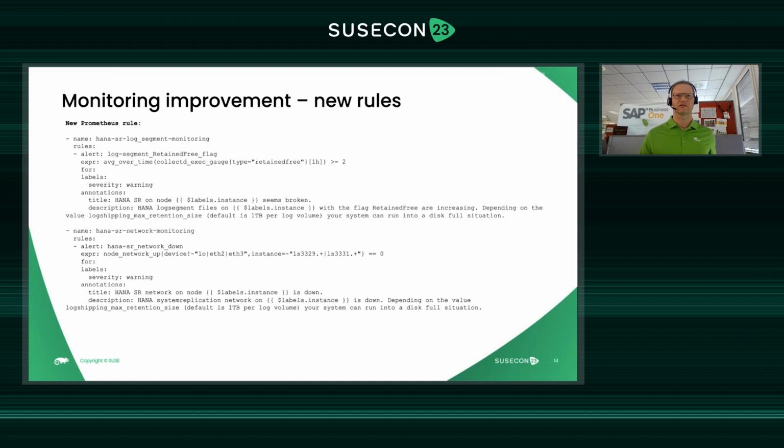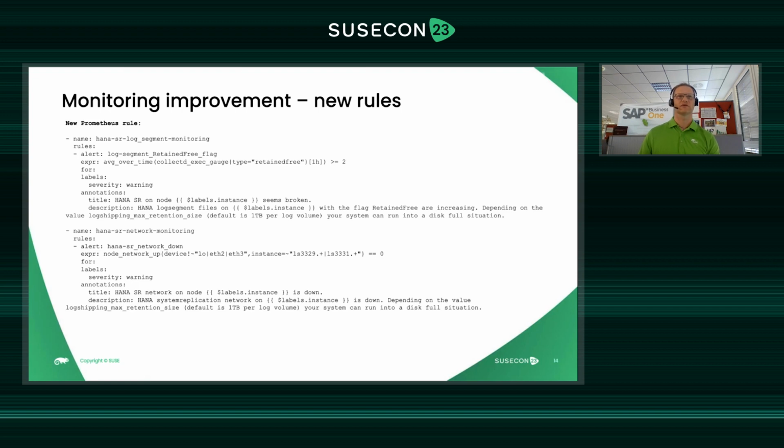In those cases, it's the two nodes, 29 and 31. And they look for the network interface status, if it's up or not. And if it's not up, they will get a warning. This is the first improvement.